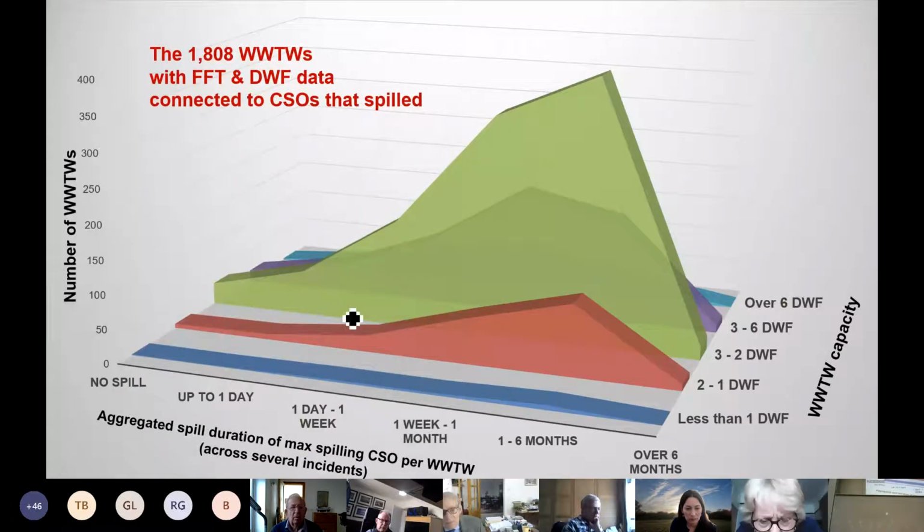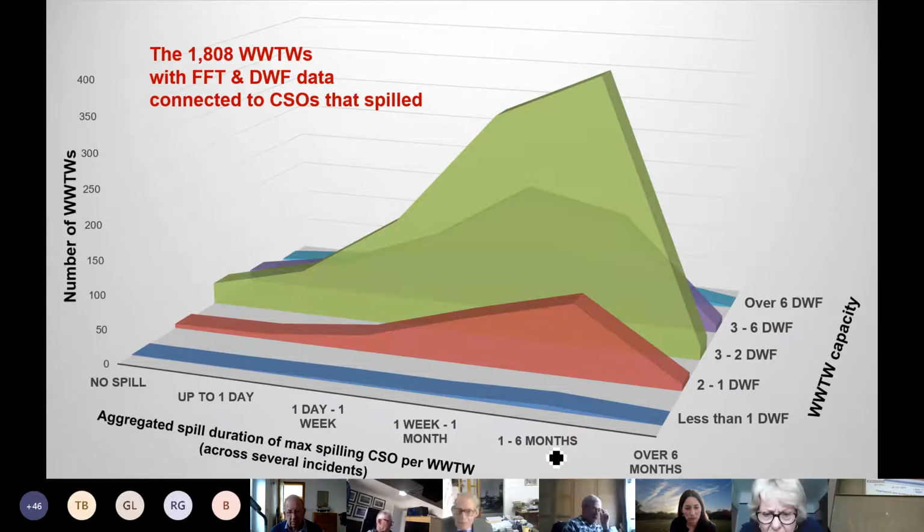Right. So what you see here is when you plot those maps, for example, sewage treatment works that are connected to CSOs that spill. On the x-axis is how long they spill, and on the other axis you can see what their capacity is. You can see a clear trend that the ones that are below 3 dry weather flow, the greens and the reds, spill mainly around 1 to 6 months.